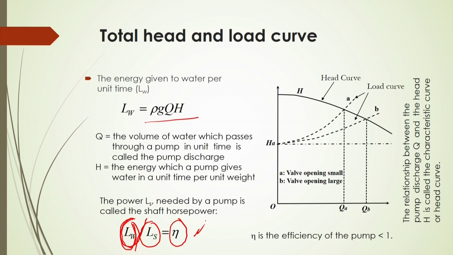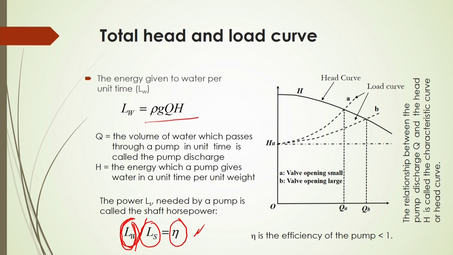What does it mean? Whatever power is needed by a pump, all the power cannot be utilized for delivering the water to a certain location, because of the loss of energy at the pipe junctions, for friction, or for other geometrical conditions inside the pump and valve, and also there will be a loss because of the impeller of the pump.